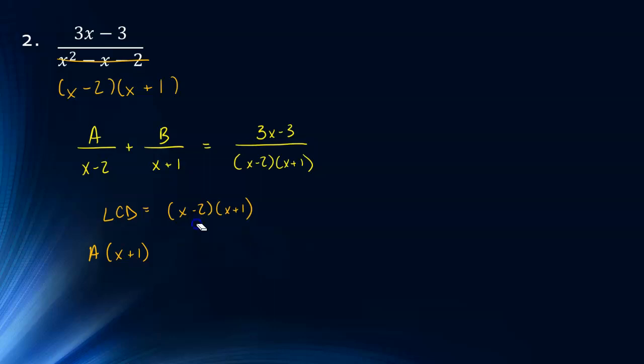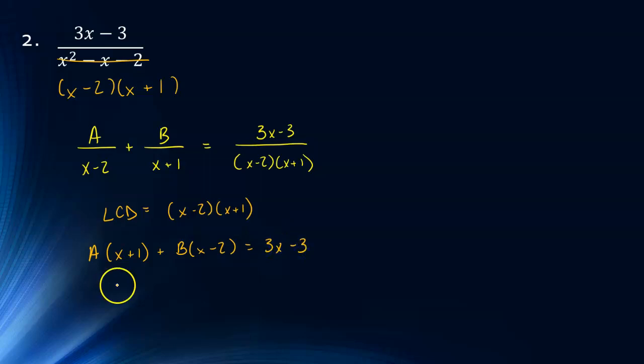And then in the second fraction, the b has x plus 1 in the denominator already, so those would cancel each other out, leaving us with b times x minus 2. And then on the right side, we're going to multiply by the least common denominator. The denominator would cancel out, leaving us with 3x minus 3 on the right.